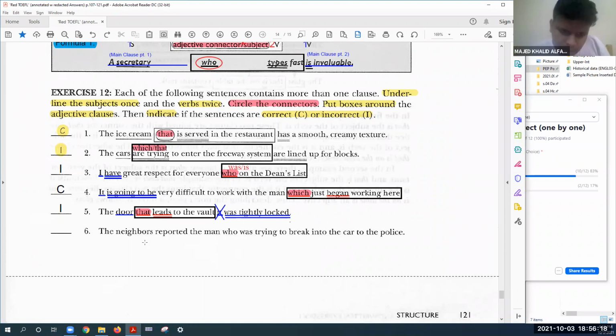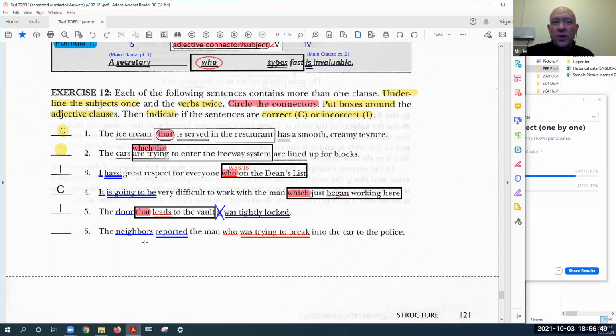The neighbors is the subject, reported is the verb. Who is the connector and subject. And was trying is the second verb.